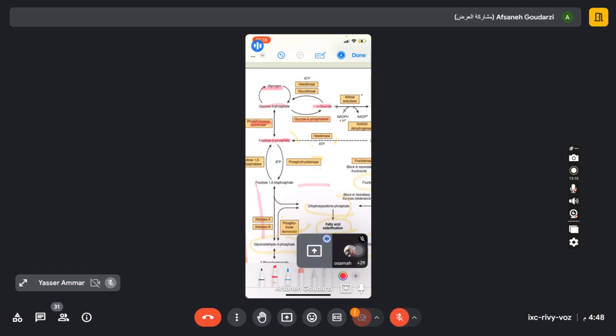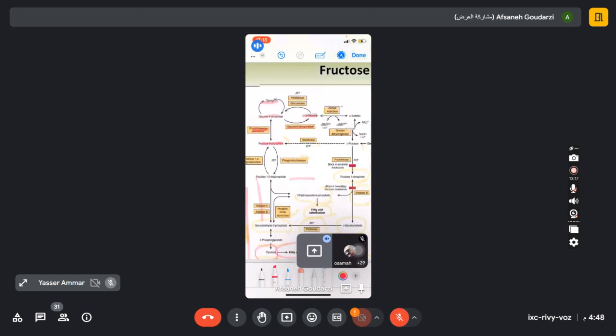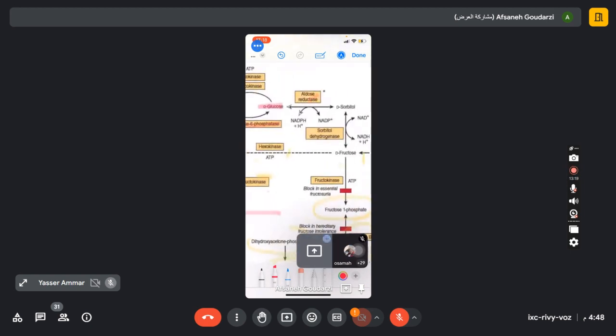So we produced glucose, and glucose by the enzyme known as aldose reductase is changed to sorbitol. Here we need the electron from NADPH because the enzyme is a reductase, meaning that we need to reduce glucose to another product. Then sorbitol by the enzyme sorbitol dehydrogenase is changed to fructose.